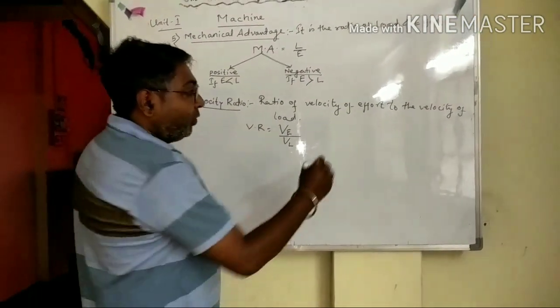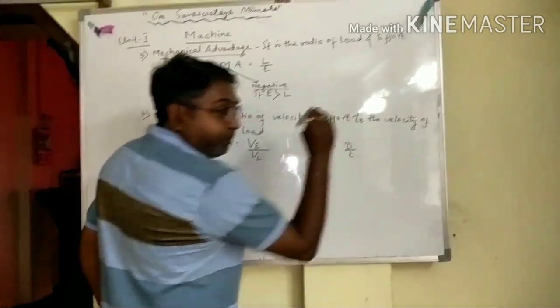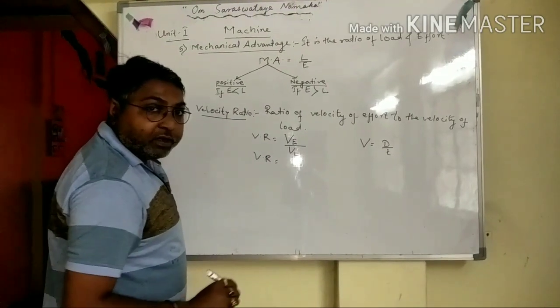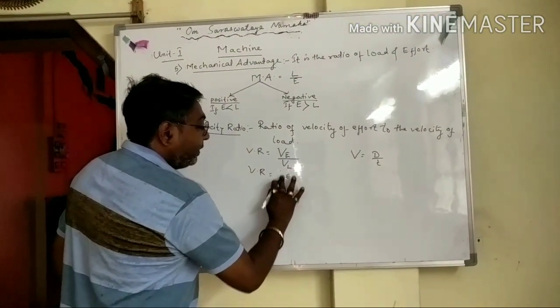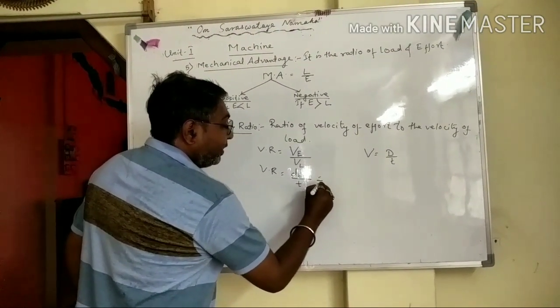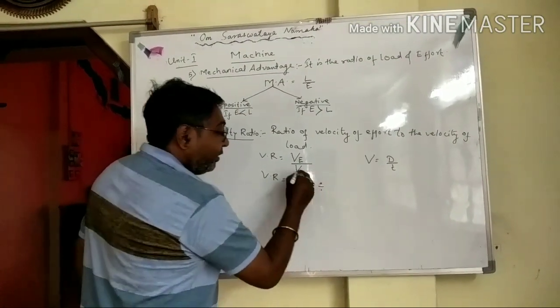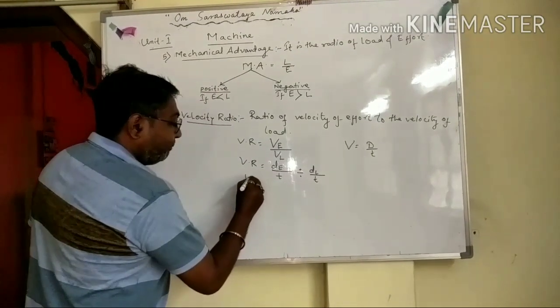We already know that velocity is equal to displacement by time. So velocity ratio is equal to velocity of effort, meaning displacement of effort divided by time, divided by velocity of load, meaning displacement of load divided by time.